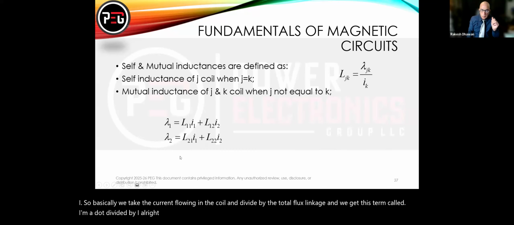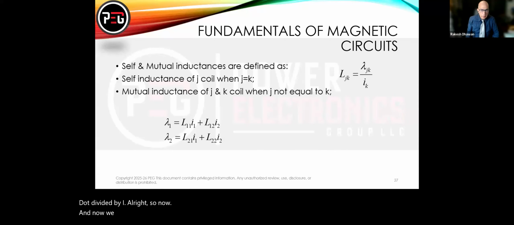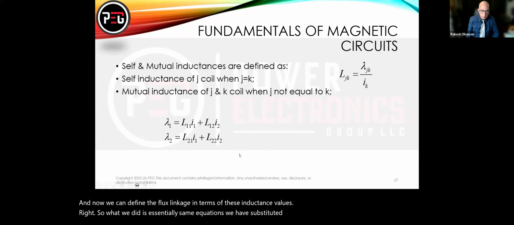So now we can define the flux linkage in terms of these inductance values, right? What we did is essentially the same equations, substituting the inductance values here.